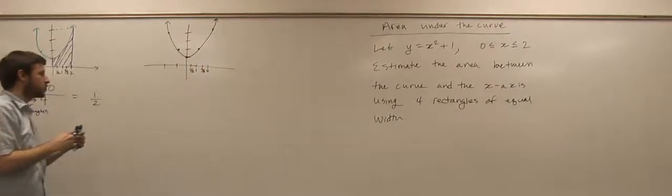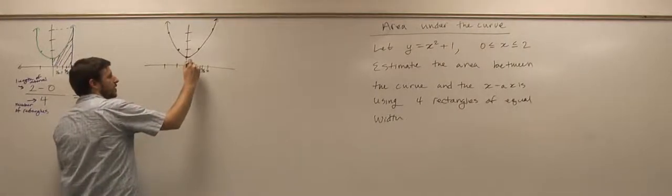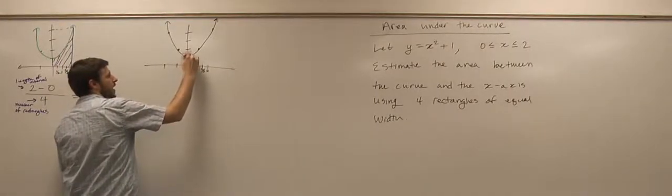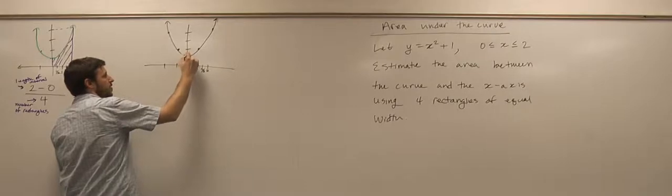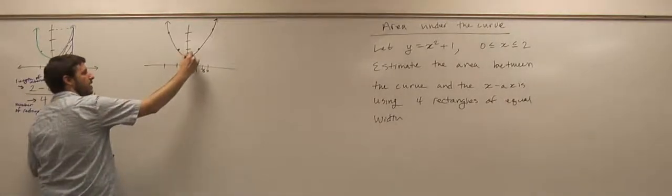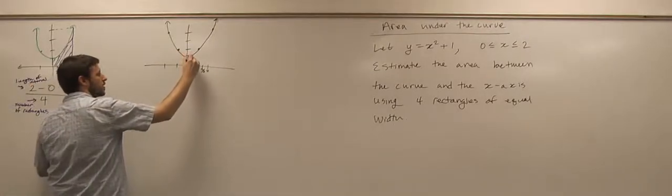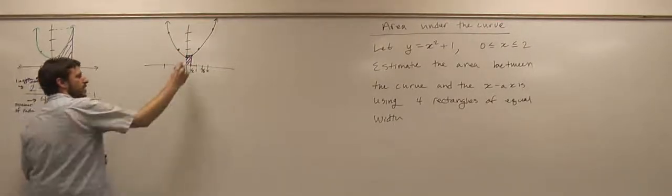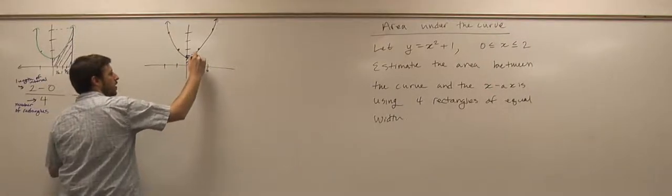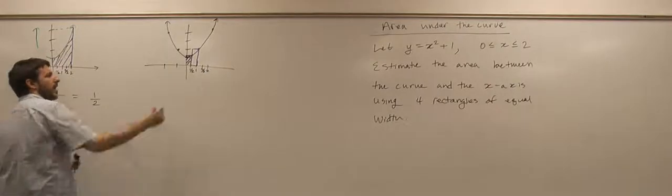The way upper sums work is you draw rectangles that are above your curve. So for example, at 1/2, you go up to the function and draw a rectangle that's actually above the function. If you go to 1 and go up to the curve, you draw another rectangle of width 1/2.